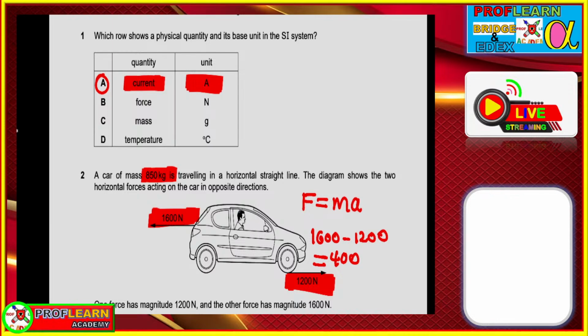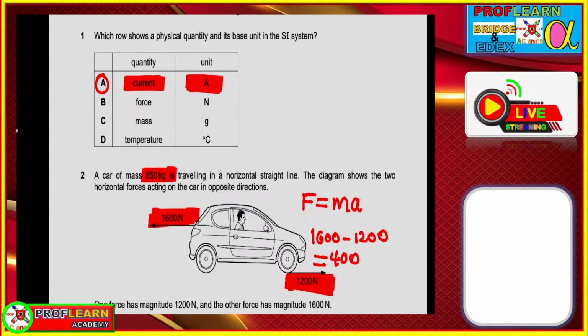Guys, if you are taking AS physics, I would like you to be active in the chat section so that I can know those who have joined us. Okay, let me get to know those who are joining us.